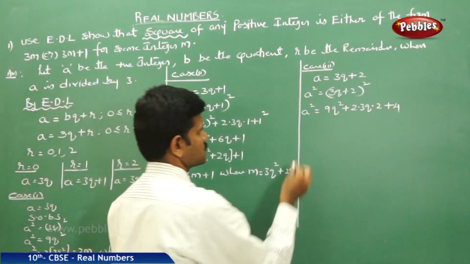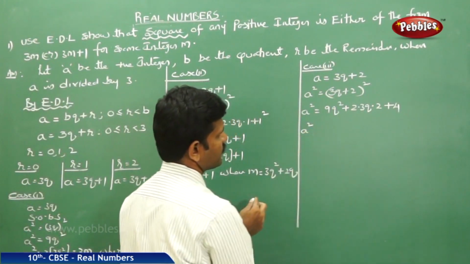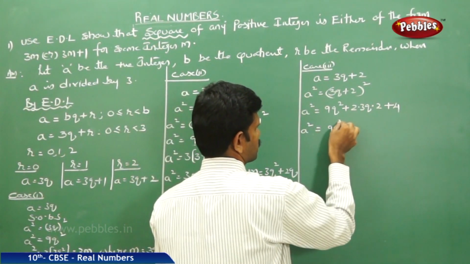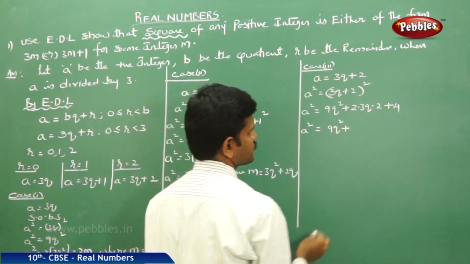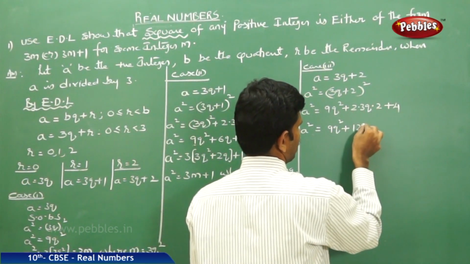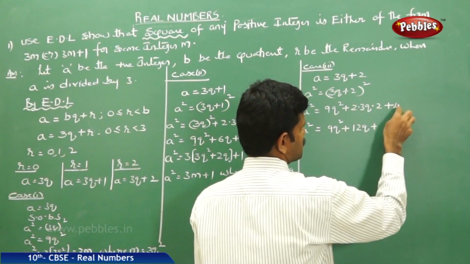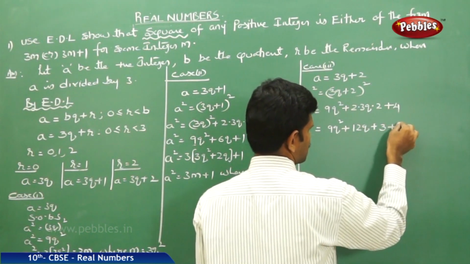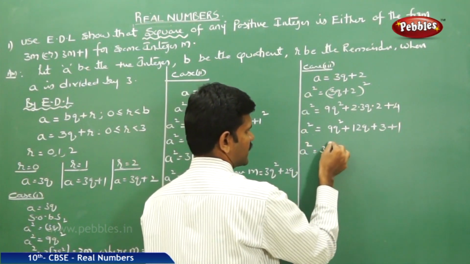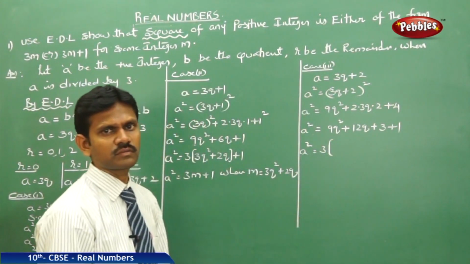That is, a square is equal to 9q square plus 12q plus 4, which I can break down as 3 plus 1. That is, a square is equal to, I will take 3 common from this one.